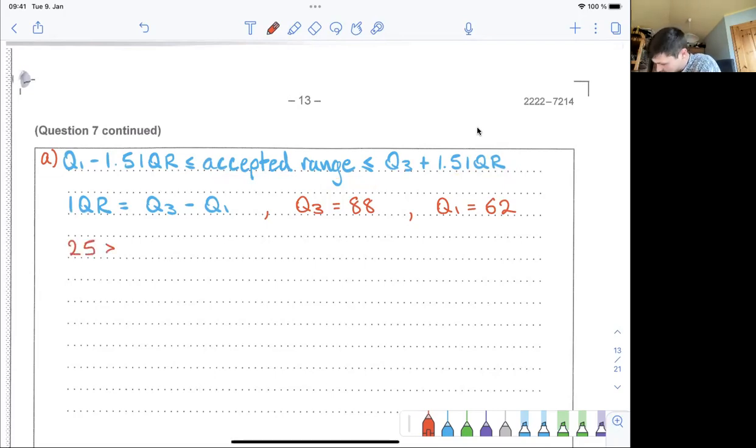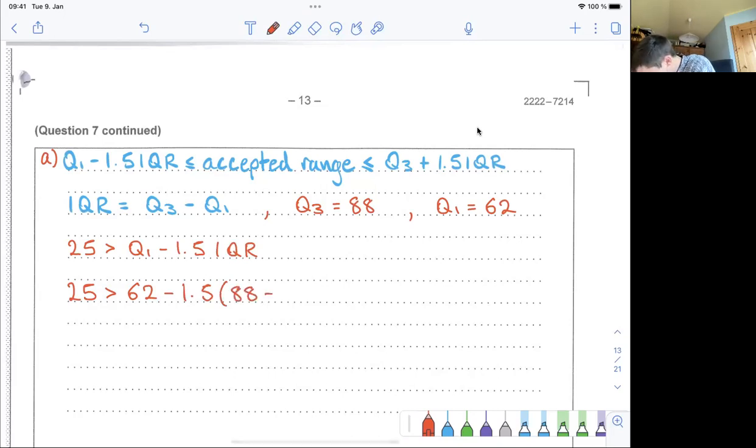So therefore, what we need to do is say 25 is more than Q1 minus 1.5 times the interquartile range. That is, 25 is more than 62, which is Q1, minus 1.5 multiplied by 88 subtract 62. In fact, we'll do it down here.